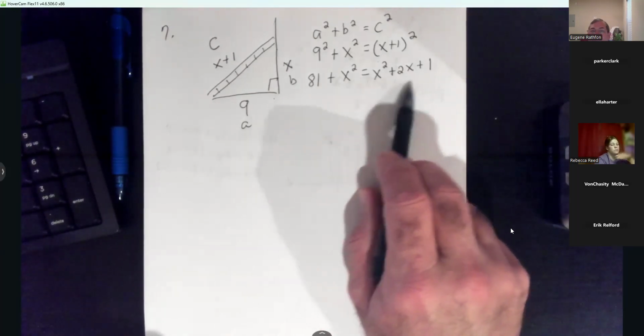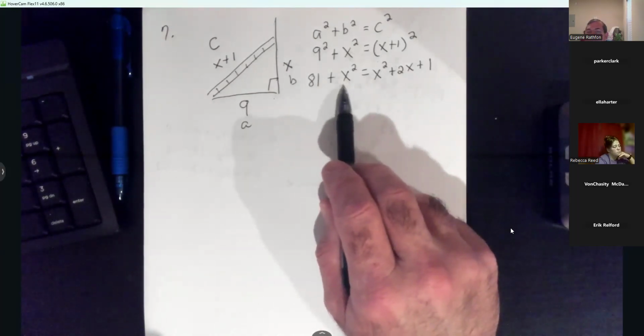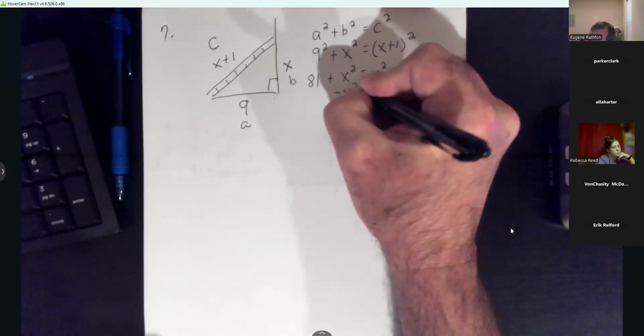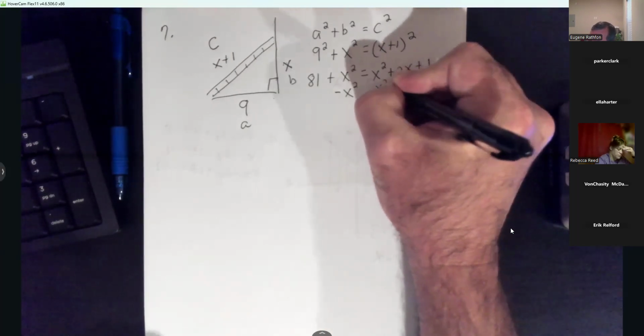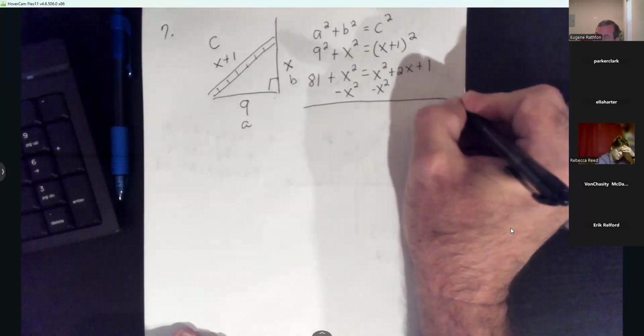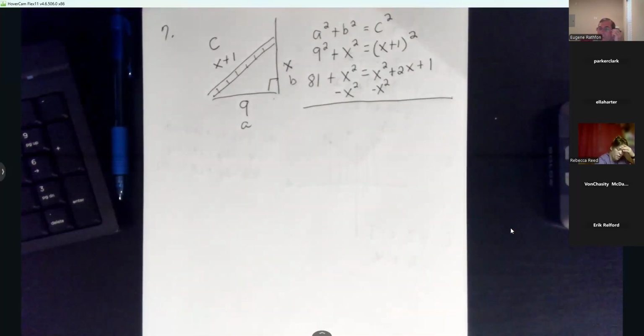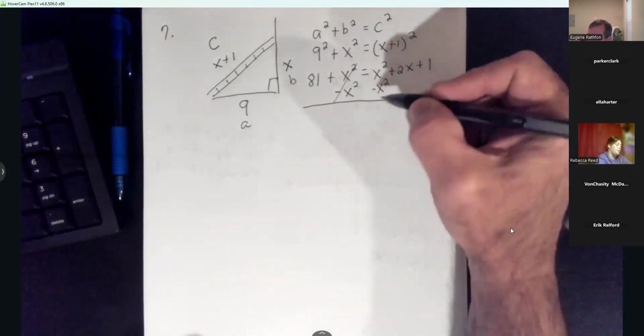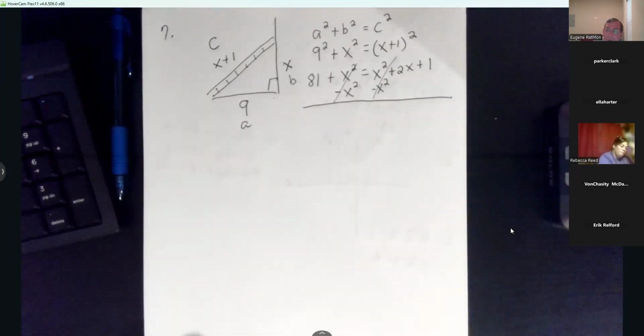All right, so now, since it looks like it's quadratic, I'm going to get all the x squareds on one side. So I would come in and subtract x squared from both sides. But y'all, what happens to all the x squareds? If you notice, those x squareds are going to cancel. These x squareds are going to cancel.